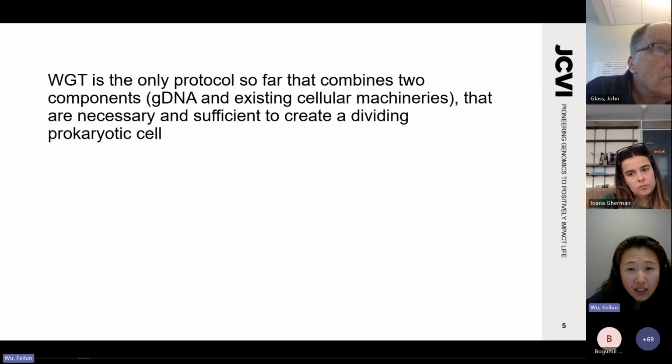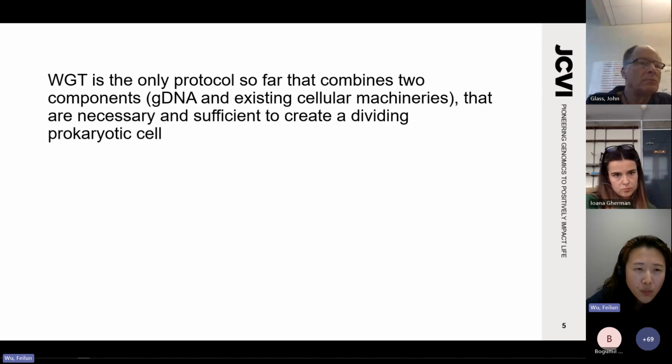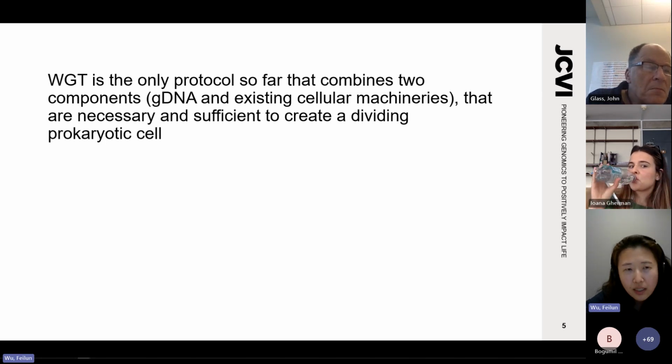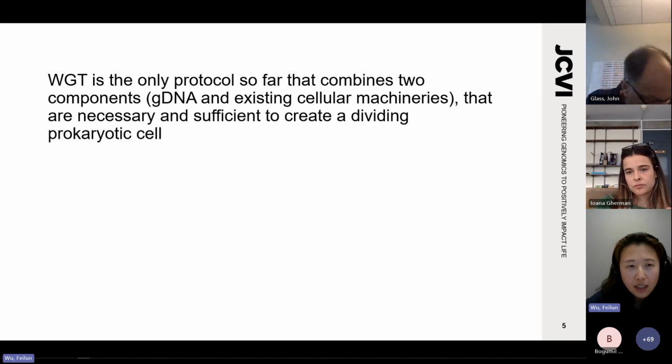Based on my understanding, whole genome transplantation is the only protocol so far that combines two components that are necessary and sufficient to create a dividing prokaryote cell. In contrast to transformation, where the plasmids or DNA fragments are not a necessary component, here we're transplanting the entire genome that is a necessary component to create a cell.